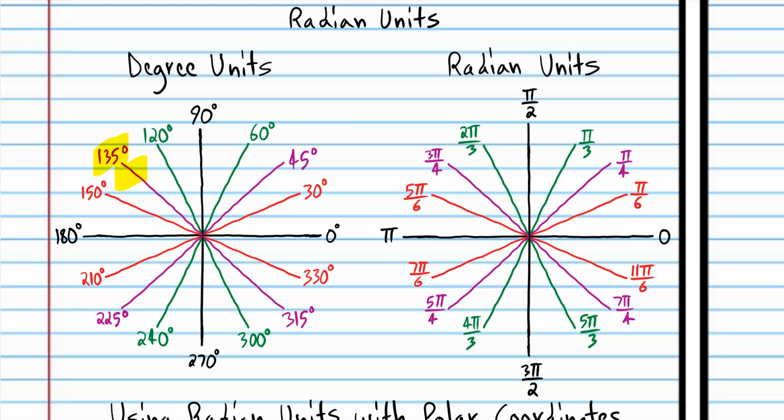So that would be 135. And if pi over 2 is 90 degrees, then if you multiply pi over 2 by 3 to get 3 pi over 2, then that should be 270 degrees, because 90 times 3 is 270. So remembering these values is really not as difficult as you might think.